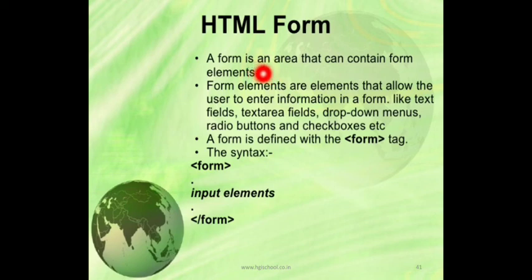A form is an area that can contain form elements. Form elements are the elements that allow the user to enter information in a form, like text field, text area field, drop down menus, radio buttons and check boxes, etc.